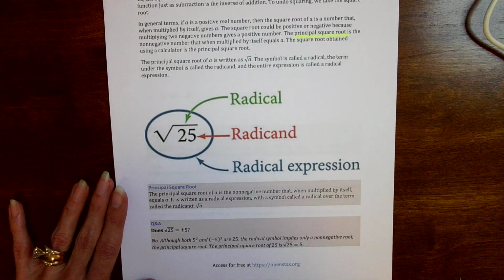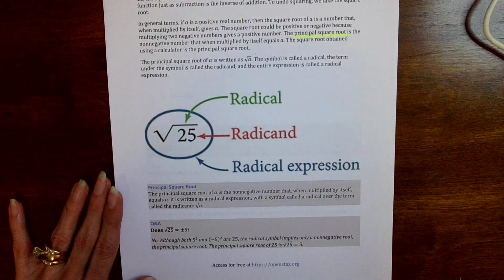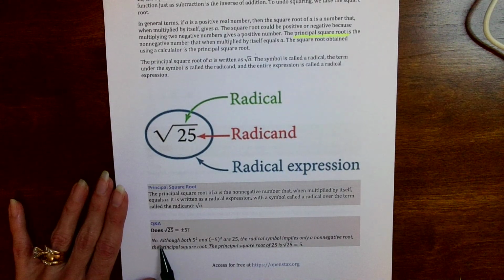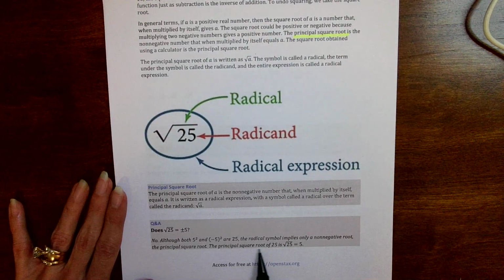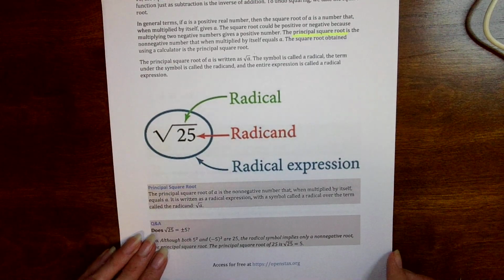And the answer is no. I would say not yet. Although both 5 squared and negative 5 squared equal 25, the radical symbol implies that only a non-negative root, the principal square root of 25, is the square root of 25, or 5.